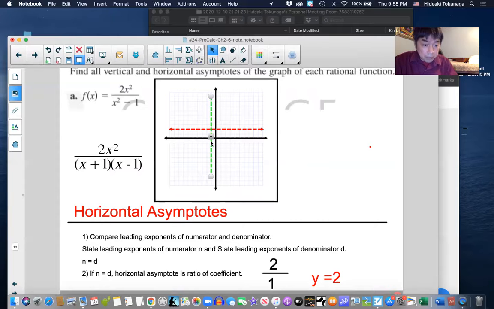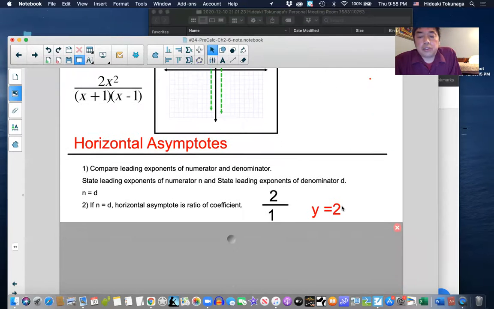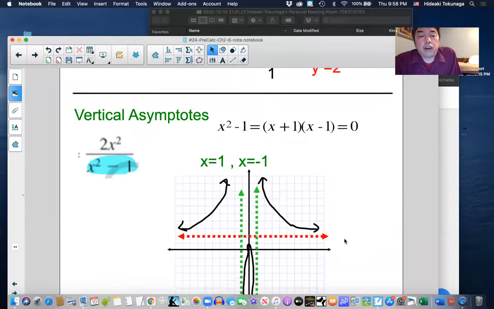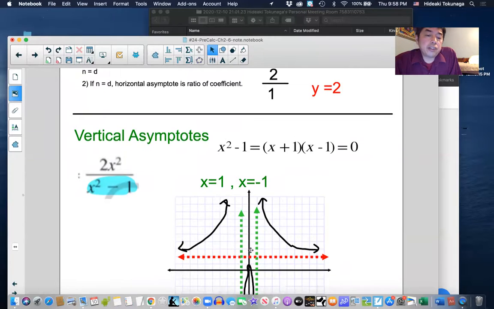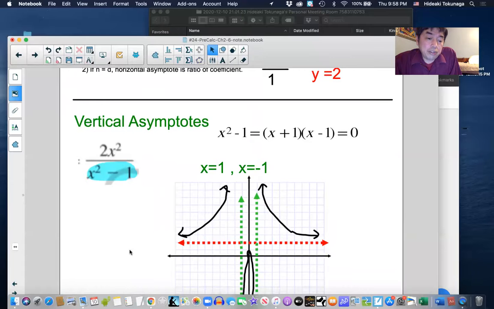And you see this, x equals positive 1. Here is a little bit of a tricky part. This is how you find vertical asymptotes. This is a little bit of a sketch I wrote down. Later on you need this exercise. So from x equals negative infinity to x equals negative 1, which is here.